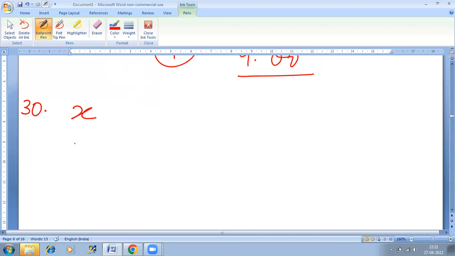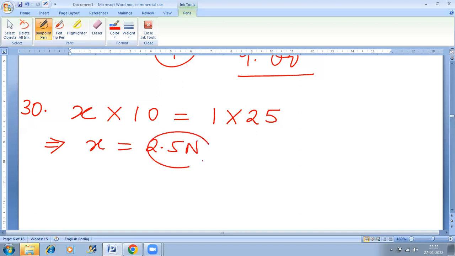Okay. So if x is the normality of the acid, then I can say that x into volume is equal to 1 into 25. I have used N1 V1 is equal to N2 V2 for acid A. So this means this is the normality of acid A. Similarly, I can use this concept for finding out the normality of acid B. So y into 40 is 1 into 25.